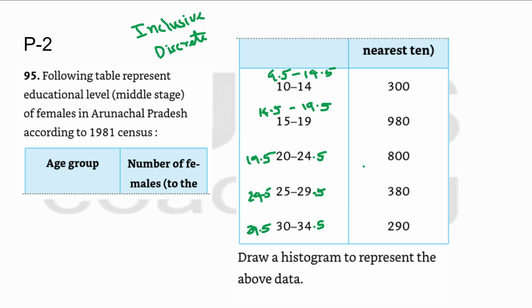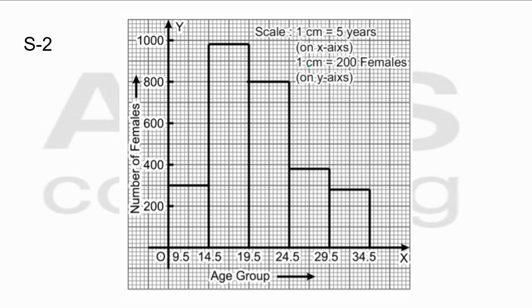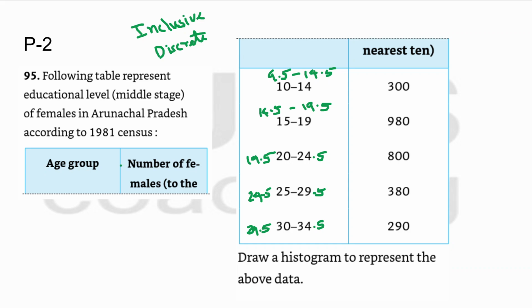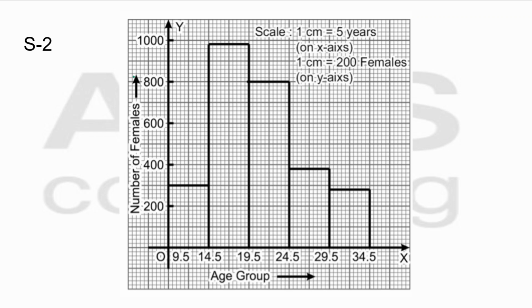Always on the x-axis is the class that you have, and the y-axis is the frequency, the number of persons. 300 we cannot draw on the graph directly, so scale it properly. 1 centimeter is 200 females.